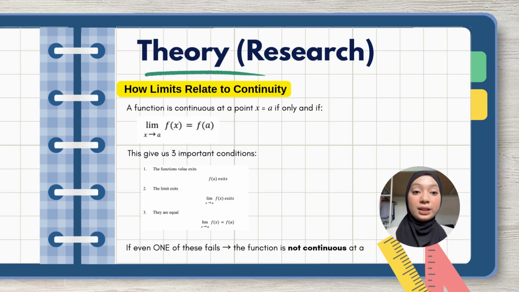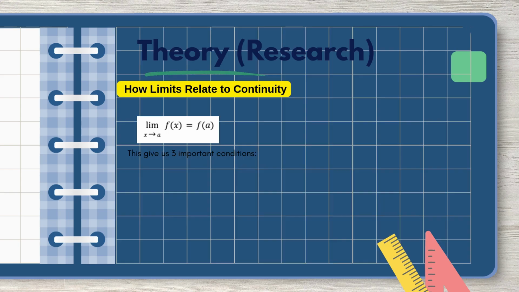Number two, the limit exists, the limit as x approaches a of f(x) exists. And number three, the limit as x approaches a of f(x) equals f(a). If even one of these fails, the function is not continuous at a.